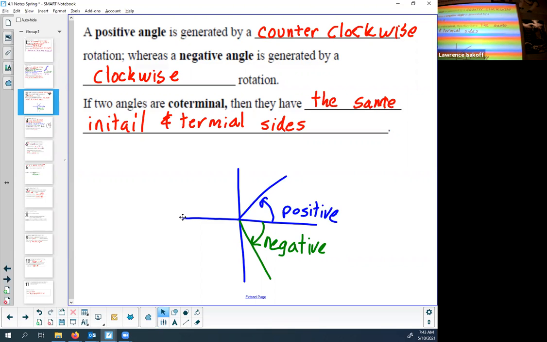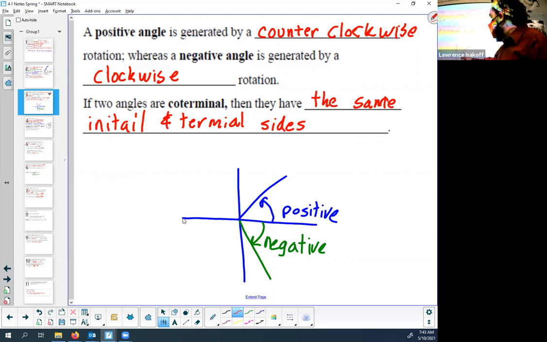If two angles are coterminal, they have the same initial and terminal sides. So if I really wanted, I could make an angle that's negative like this, and it would be coterminal with the blue line, just due to the fact that they both end at the blue line.